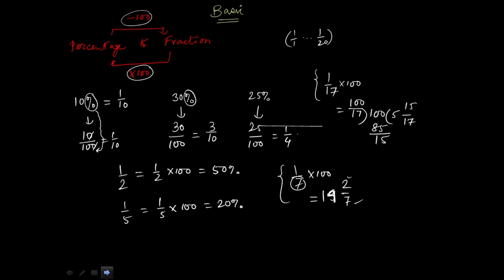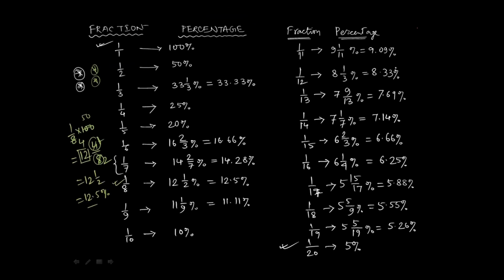Now moving to concept 2. Look at this carefully. Whenever you get a fractional value where the numerator is greater than the denominator, you will find that the numerator is either less or greater than some multiple of the denominator.